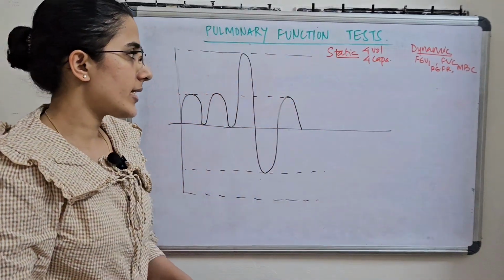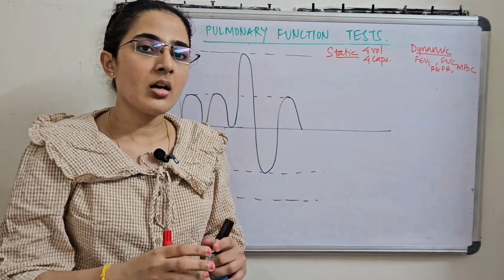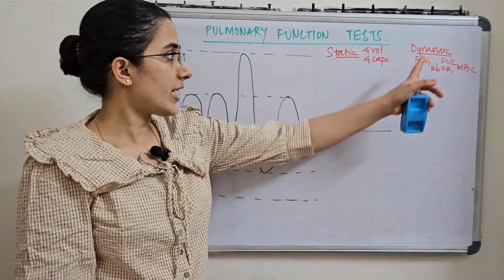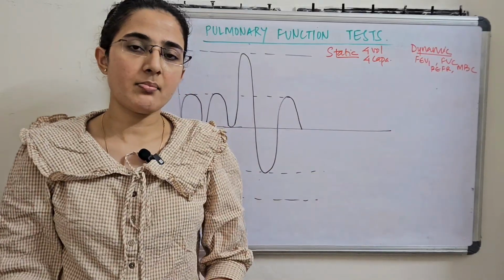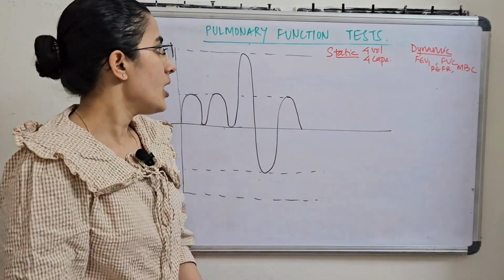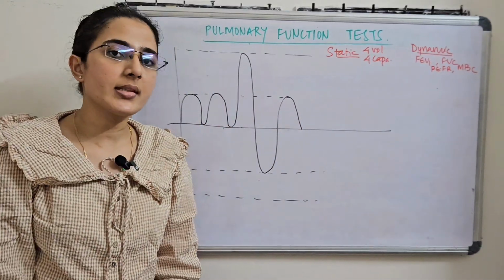The static lung function test basically tells us about the capacity of the lung and the chest wall, whereas the dynamic lung function test tells us about the elasticity of the airways. So this is the typical spirometry graph which we will see.